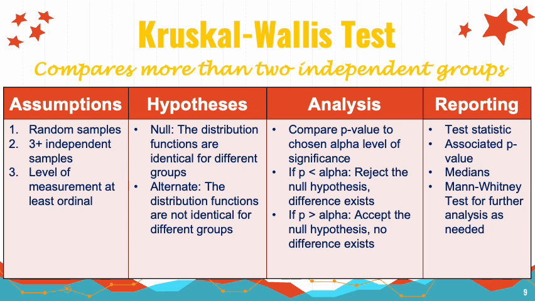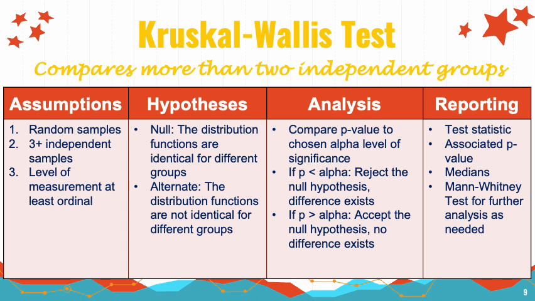It is important to note that the Kruskal Wallis test only tells us that the groups differ from each other. Once we identified that a difference was identified, as in our p-value was less than our alpha level of significance, we need to follow up by conducting Mann Whitney tests to compare every combination of 2 groups to further understand the variance.